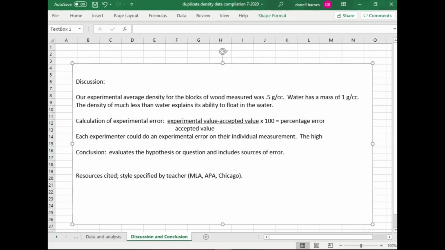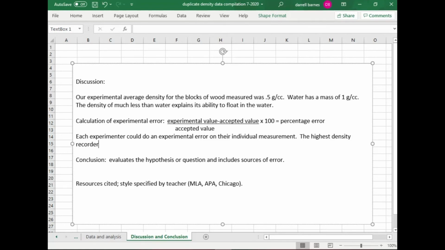The highest density recorded in this experiment was 0.72 grams per cc.